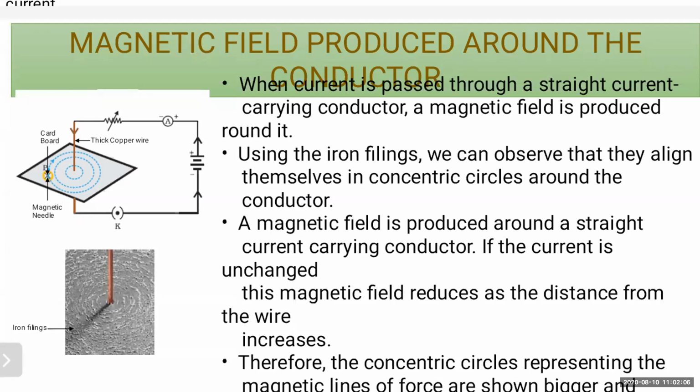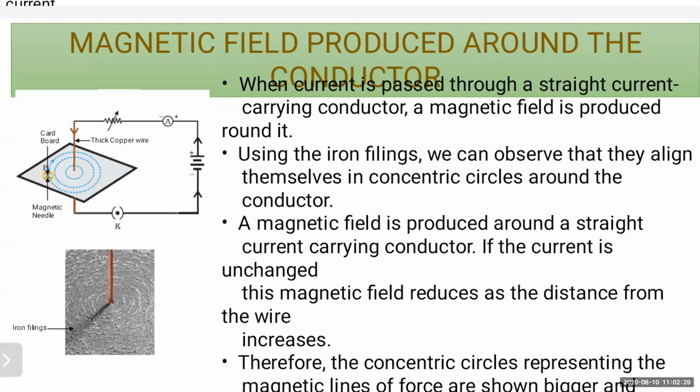The iron filings arrange themselves in a circular manner around the wire. So when the current passes through the straight current carrying conductor, the magnetic field is produced round it.